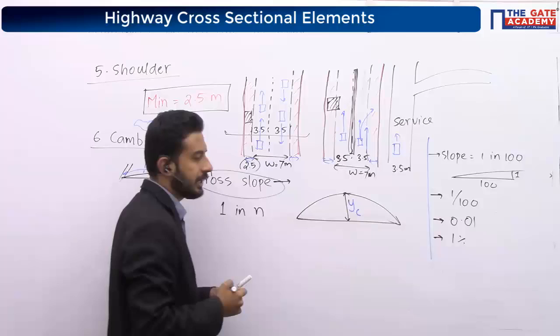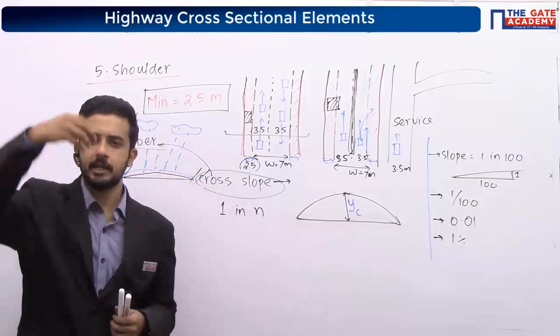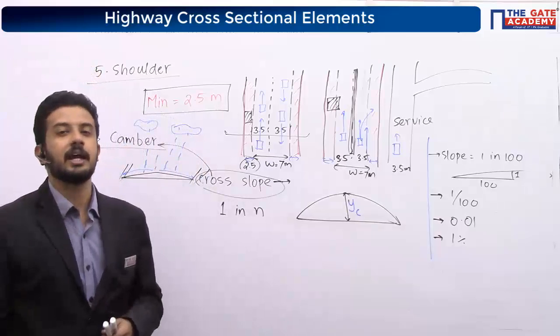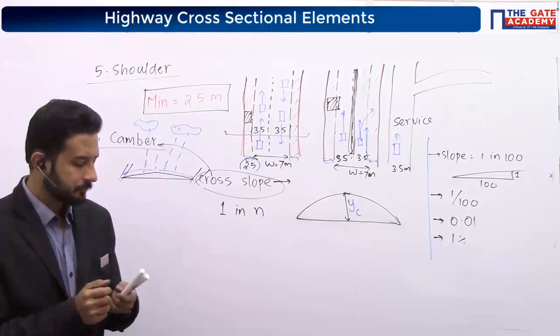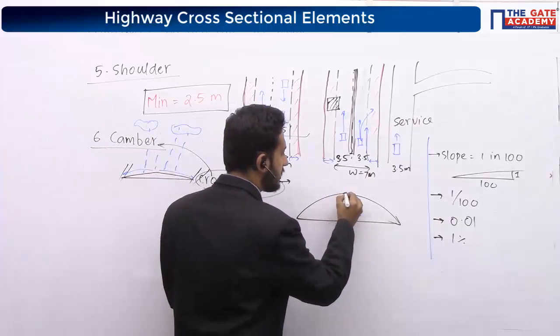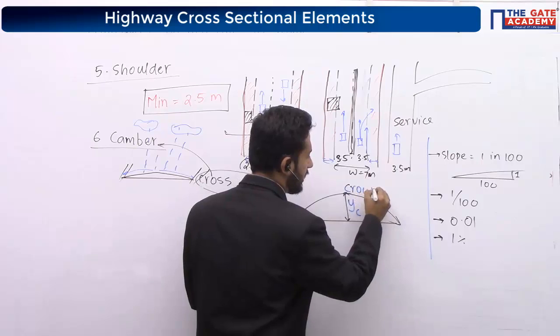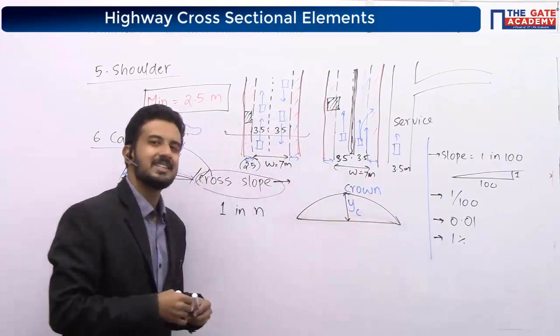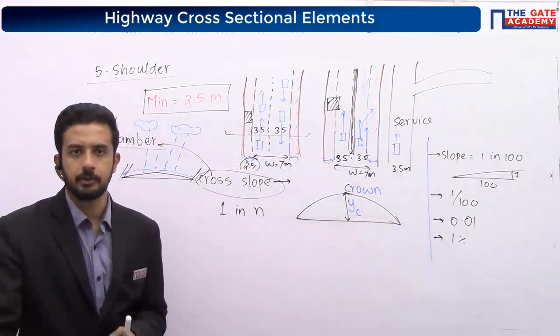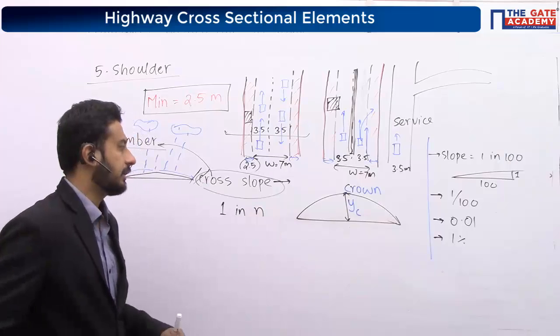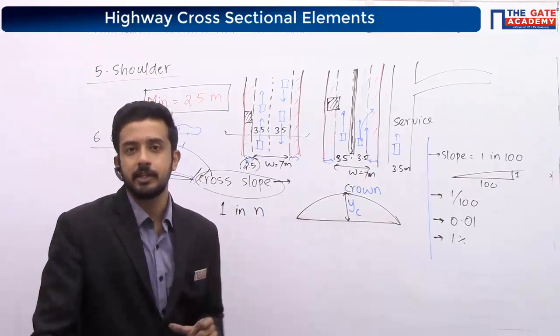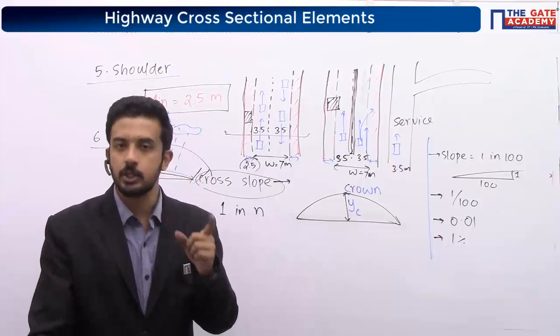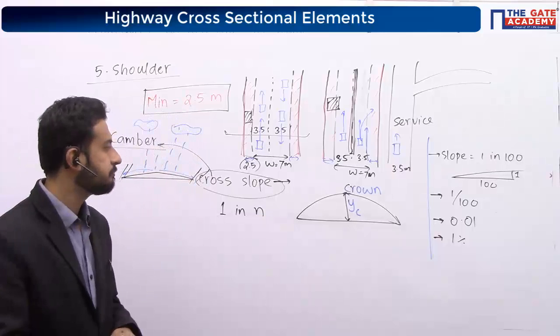We call this point the crown. What do you mean by crown? Something we put on the head, at the middle of the body. So this highest point I am calling the crown. YC represents the height of the crown. We'll come to that, no need to write now. What will be the height of the crown? YC. That is one question which they can ask you.